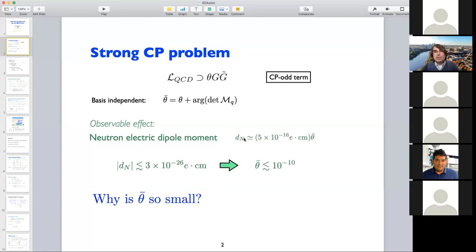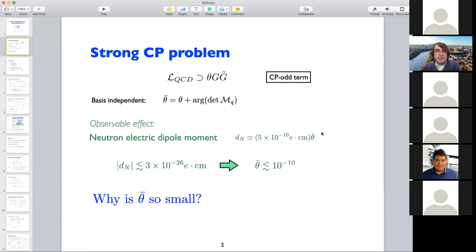You can compute the neutron electric dipole moment in the standard model, and it has this value times theta bar. In fact, this contribution from the chiral Lagrangian in QCD was computed by Rod Crewther, the late Rod Crewther from Adelaide. That was one of his famous works.